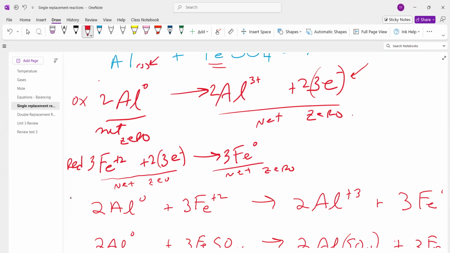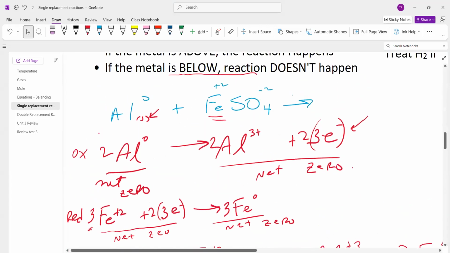Now, important here. How many irons do we have on the bottom? Down here in the reduction side, we have 3, right? How many sulfates?